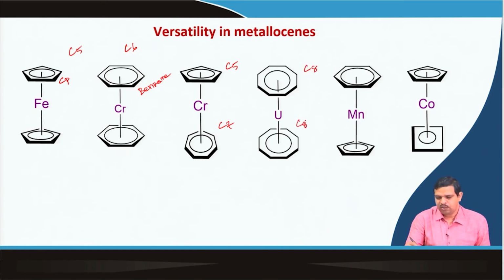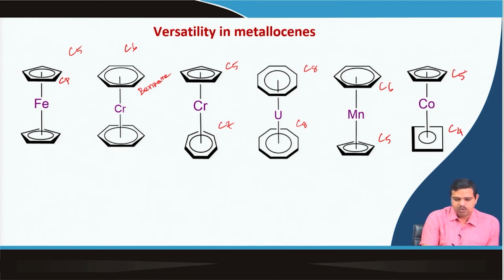And here you see not only homoleptic, other mixed kinds of cyclic pi bonded systems were also reported. Here it is C5, here it is C6, here you see very interesting C4, here it is C5. So you can tell the versatility in metallocenes, varying the cyclic pi ligands.